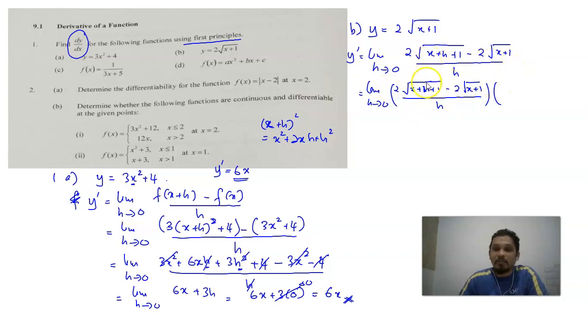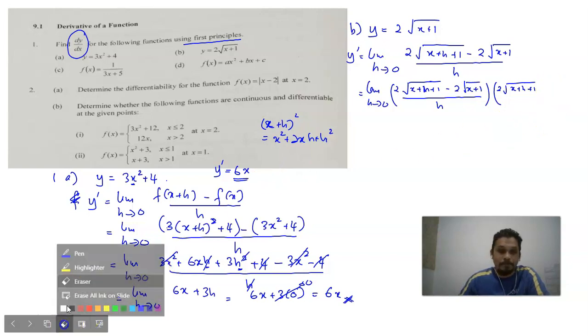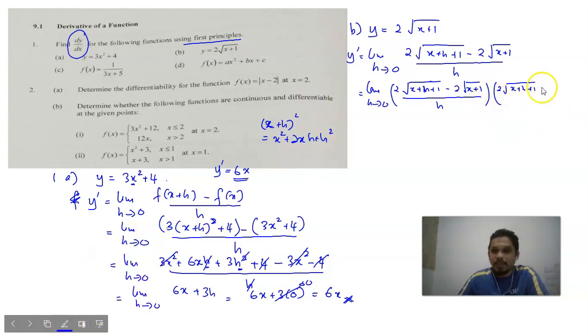We are going to multiply, referring to the numerator, with the conjugate, which is 2 square root of (x plus h plus 1) plus 2 square root of (x plus 1), divided by 2 square root of (x plus h plus 1) plus 2 square root of (x plus 1).